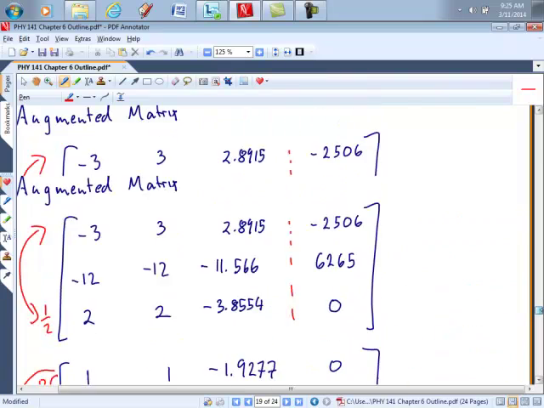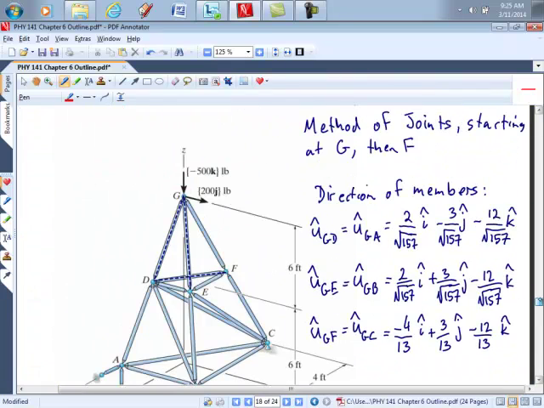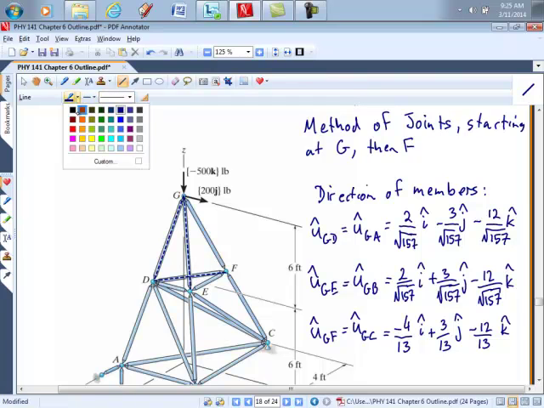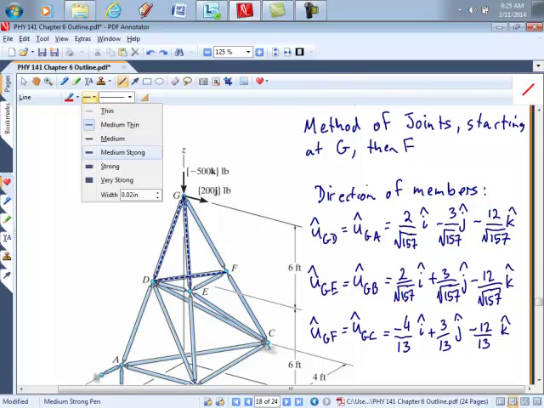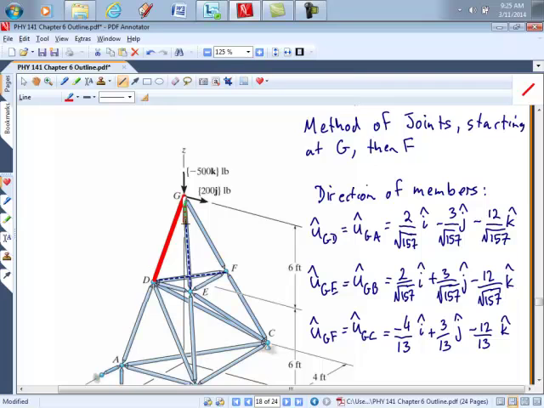All right. So we can highlight those now as being in compression. Right.